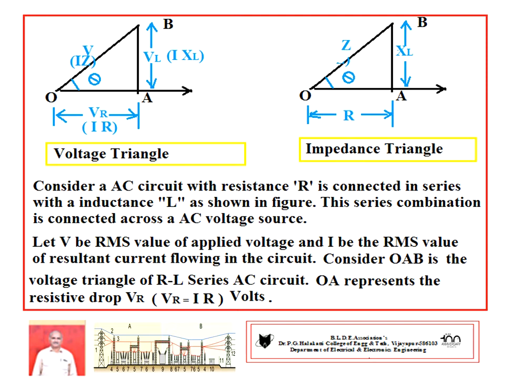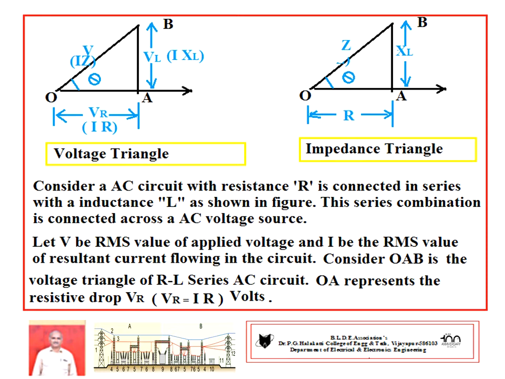From the voltage triangle it is observed that OB, the applied voltage, is equal to the vector sum of the voltage drop across the resistance VR and the voltage drop across the inductance VL, that is VL equal to I into XL.